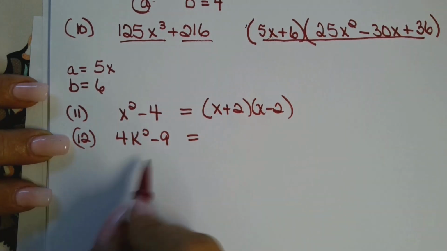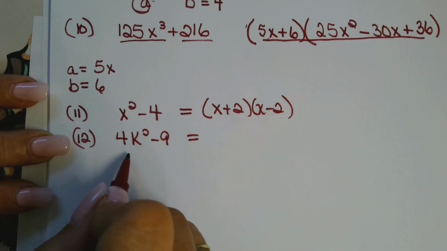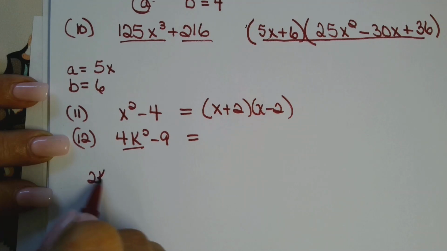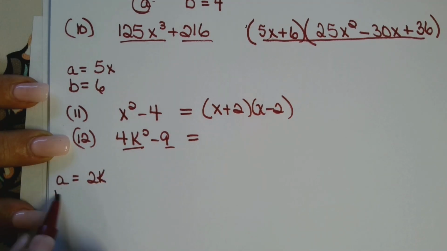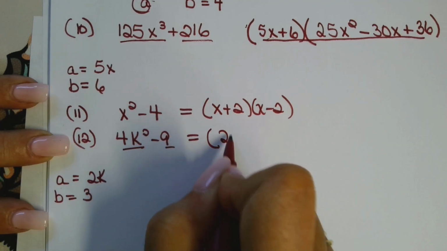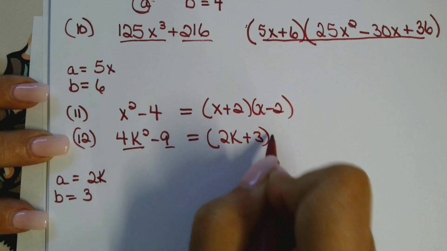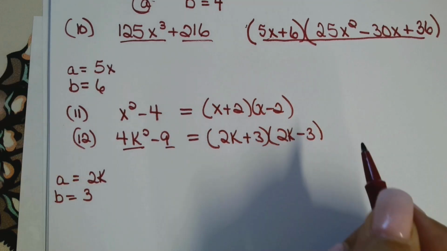Again, this is the difference of perfect squares. The square root of this right here is 2k, so that is my a, and the square root of 9 is 3, so that is my b. So it becomes 2k plus 3 and 2k minus 3.